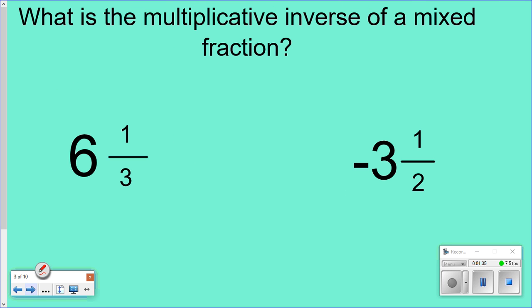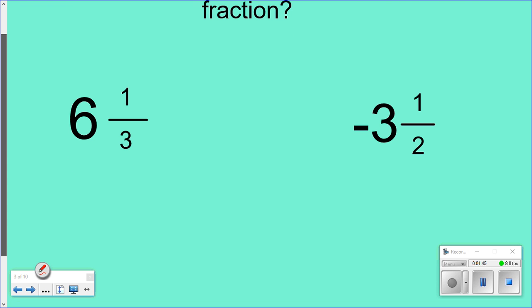Let's go to, what if we have a mixed number? How do we find the multiplicative inverse of this, Kira? Yep, first thing we're going to do, we're going to make it an improper fraction. You're right. So this would be 19/3. Does everybody remember how to find improper fraction again?